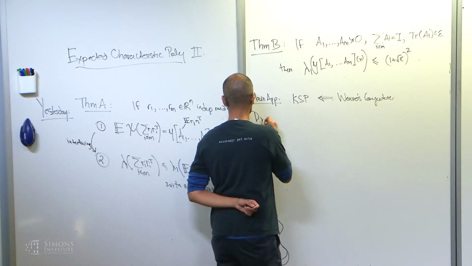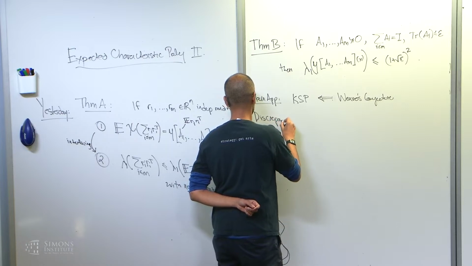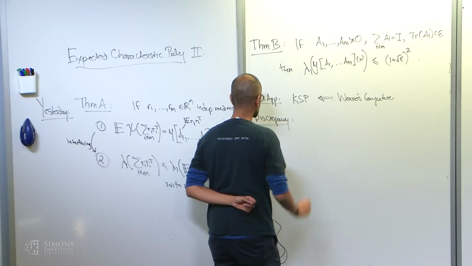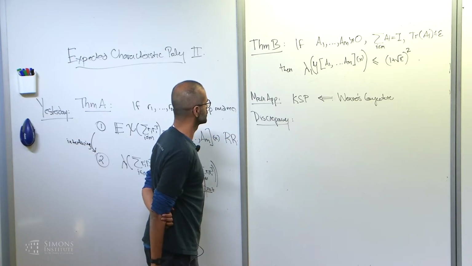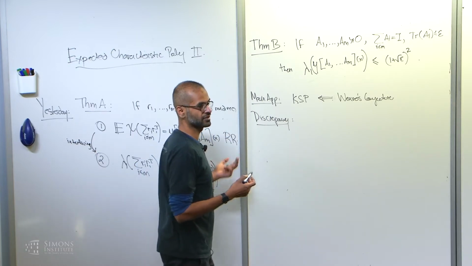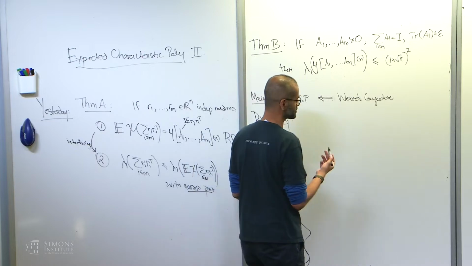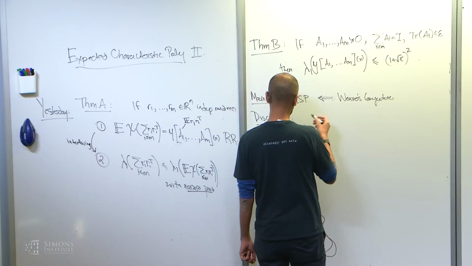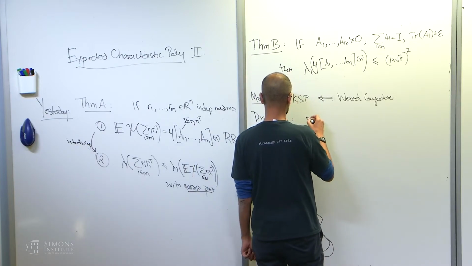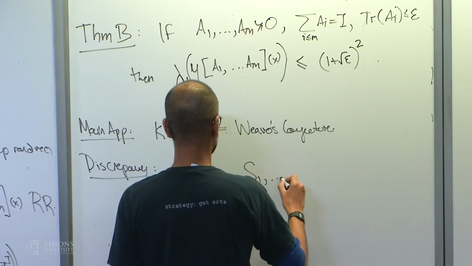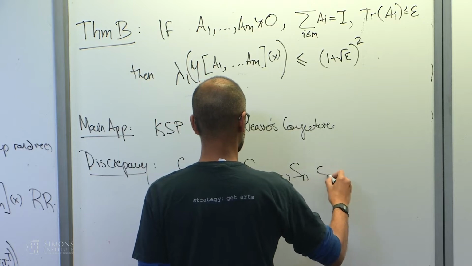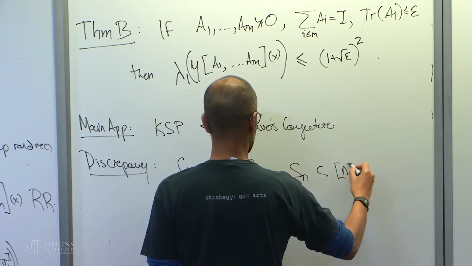So Weaver's conjecture is a question in discrepancy theory. And if you don't know what that is, let me just tell you the most elementary question in this area, which is discrepancy of set systems. So here's the first question in this area. Suppose you're given a family of n subsets of 1 through n.